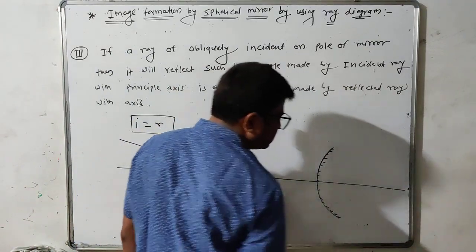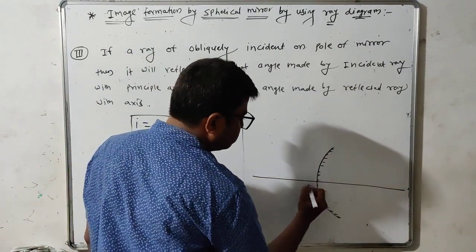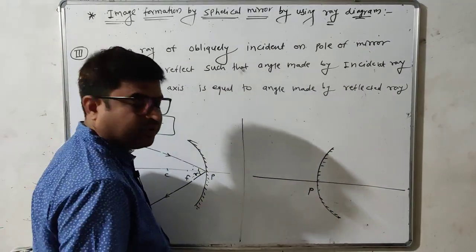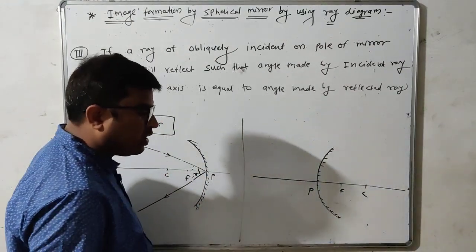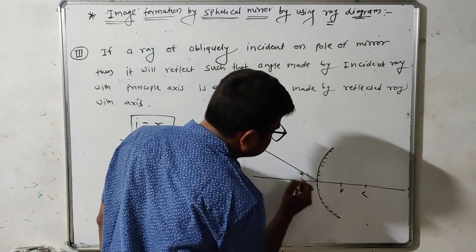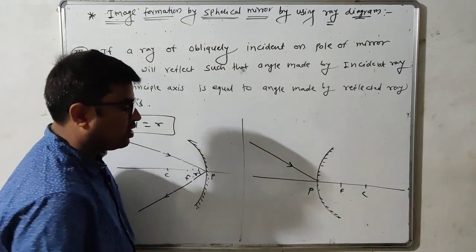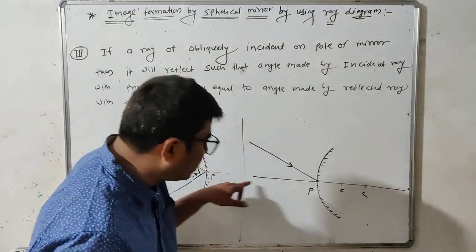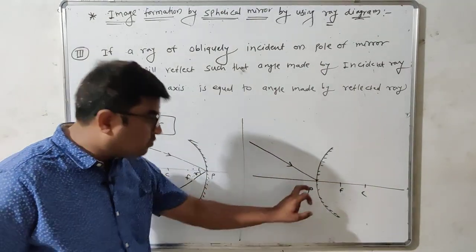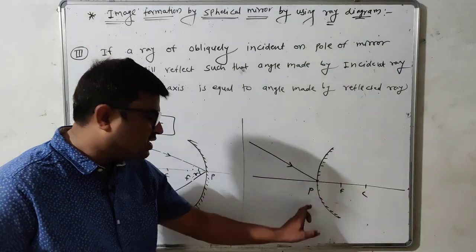For the convex mirror, the inner surface is silver polished and the outer surface is reflective. This is the principal axis, this is the pole, this is the focus, and this is the center of curvature. If a ray of light is incident directly on the pole, here also the principal axis plays the role of the normal drawn from the point of incidence to the reflecting surface.